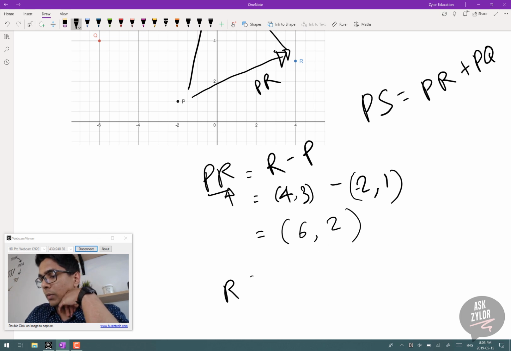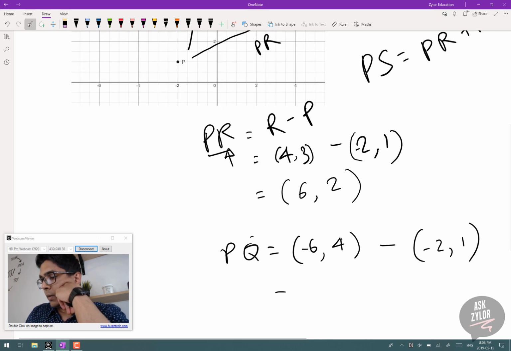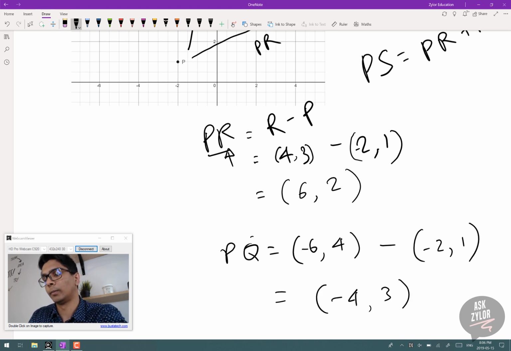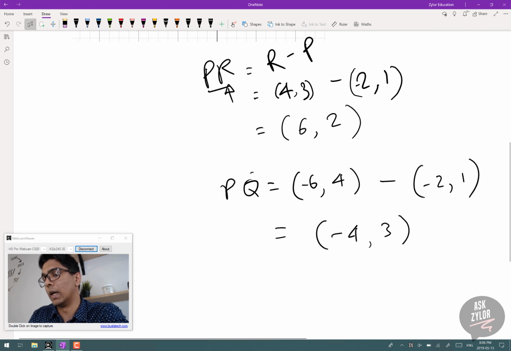So my next vector I need to find is PQ. My Q point is going to be -4 and 4, minus my P, which is -2 and 1 again. So this gives me -4 and 3. Right. So now I have the 2 vectors that I can use to add up to give me PS.